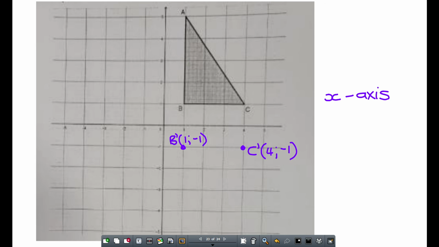And then A will be 1, 2, 3, 4, 5. X is 1 and Y is minus 5. Okay. You guys good with that?